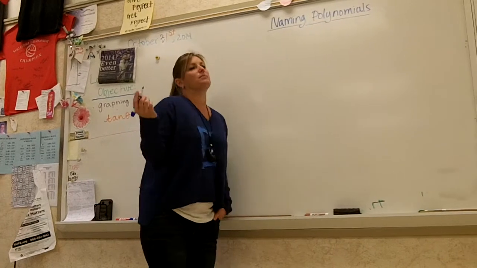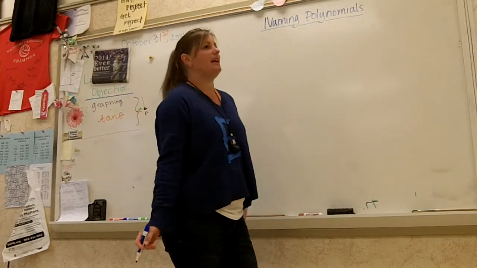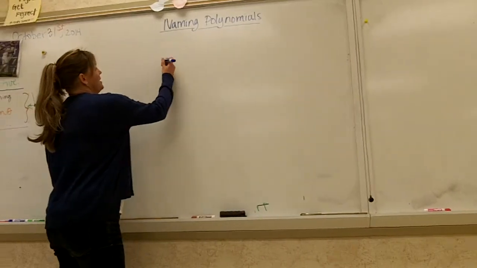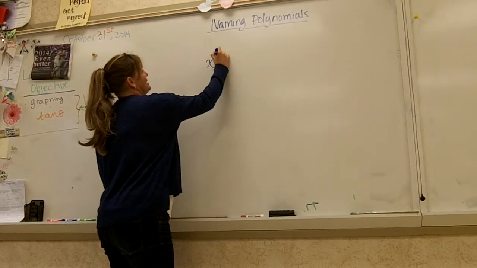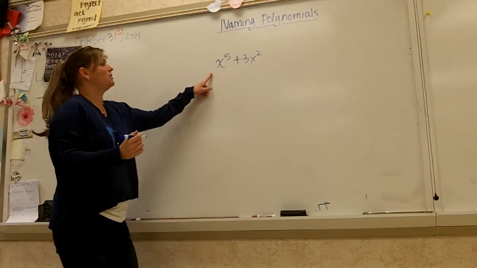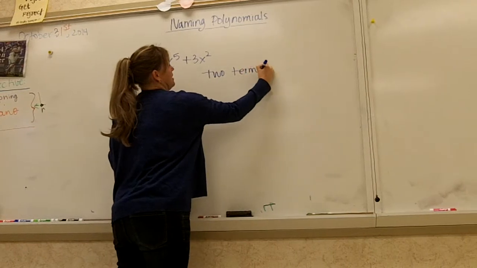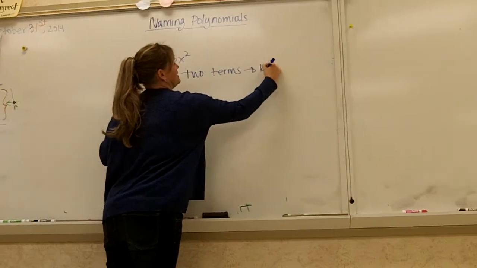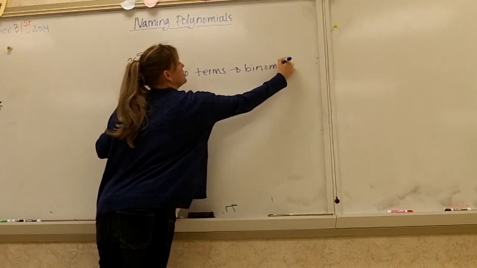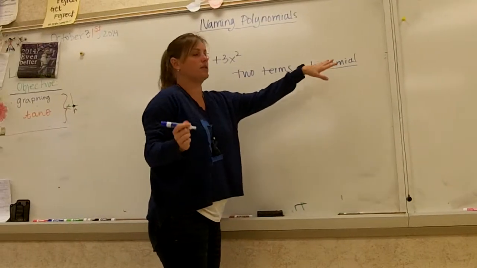So then of course, because it's math, we have to say that all these things have names and we name terms and everything. So if I say x to the fifth plus 3x squared, this one has two terms. And so two terms means that it is a binomial, because bi means two. Nomial terms, so two terms.